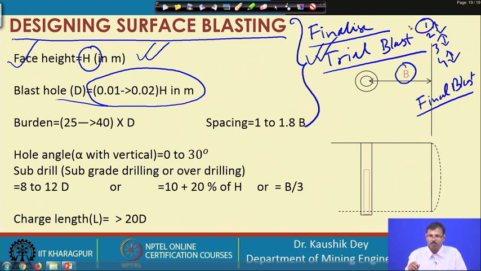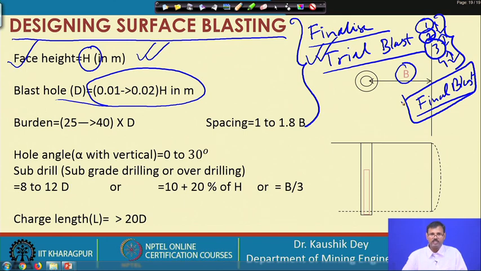The trial blast 1 must be closely monitored, and observing the result of trial blast 1, trial blast 2 will be designed. Then observing the result of trial blast 2, trial blast 3 has to be designed, and that way the trial blasts will be designed to arrive at the final blast design, which satisfies us about the performance of the blast.